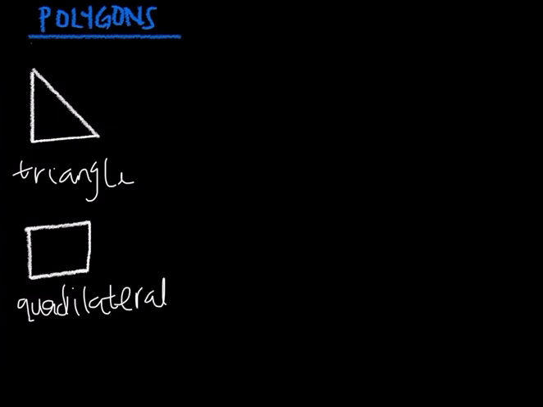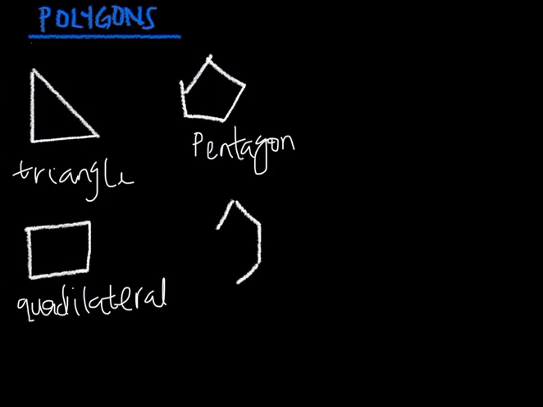A polygon that has 5 sides is called a pentagon. And a polygon that has 6 sides is called a hexagon.